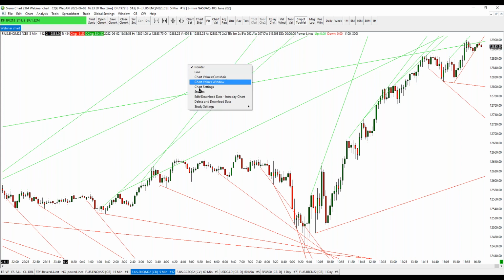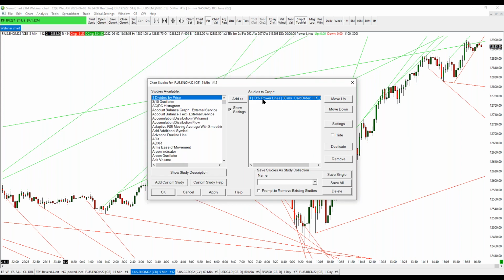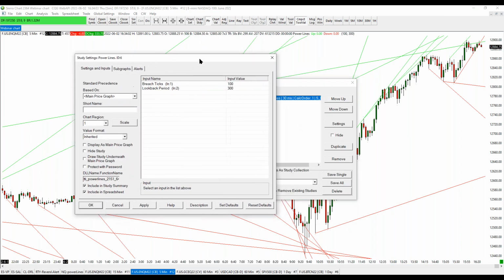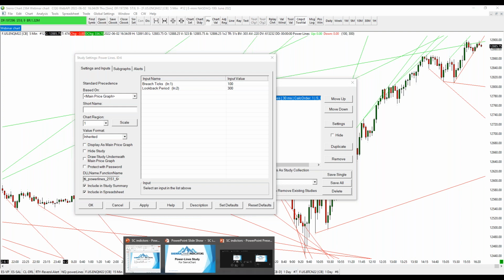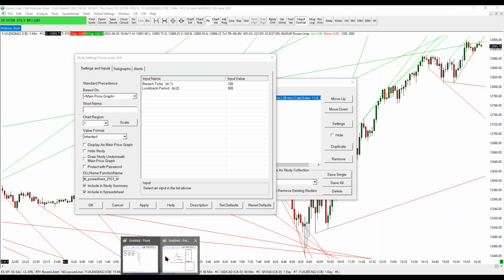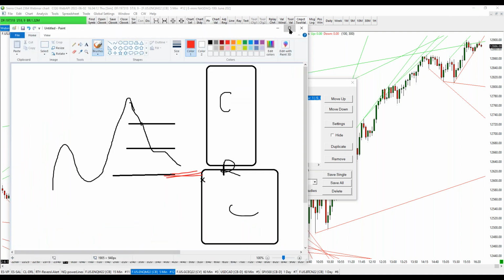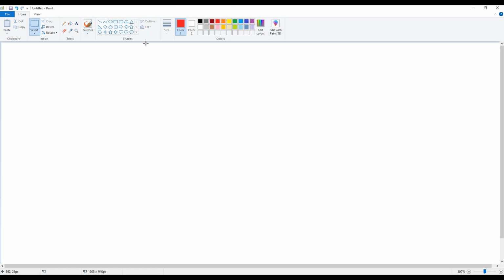If I right click here and go to studies, I go to power lines. This power line has a 100-tick breach. What does breach mean? If I have a power line, and it's a red power line, and the market comes to it and pokes it a little bit here and bounces back up, it's still valid.